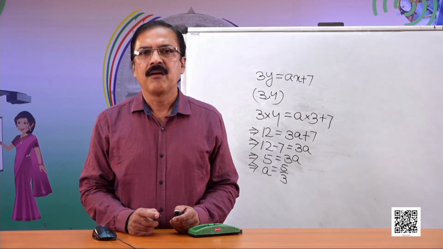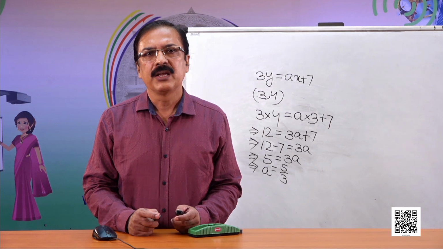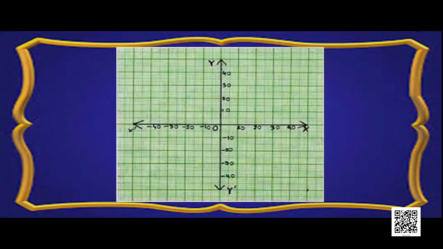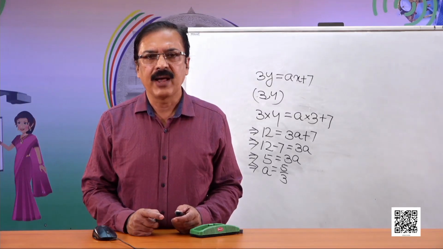Let's plot the equation on a graph. Here is the graph, and here the scale is taken like this: 1 centimeter is 10 degrees, that is 10 units. It may be Celsius or Fahrenheit.